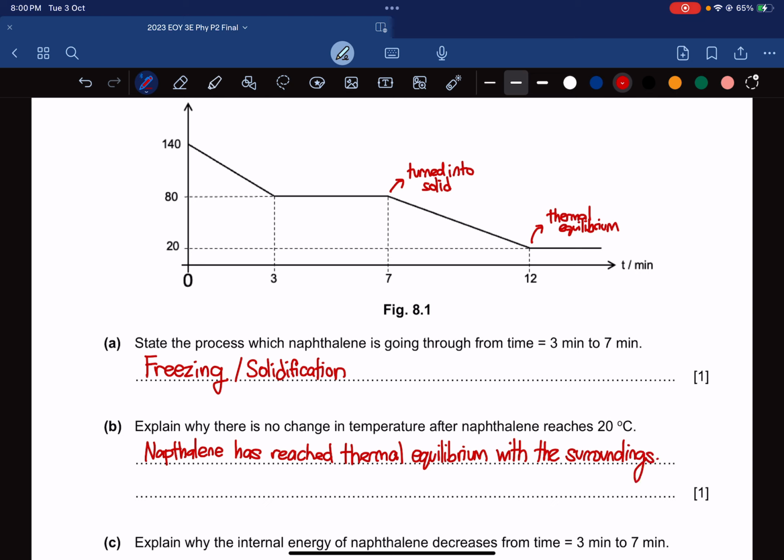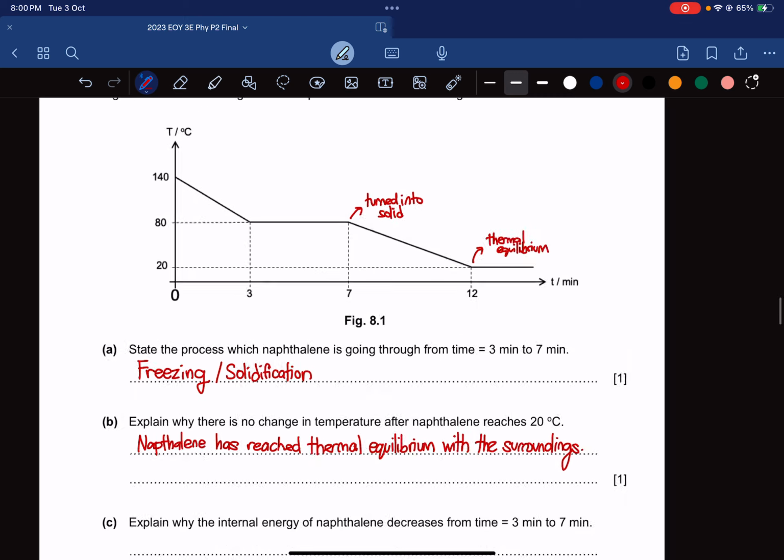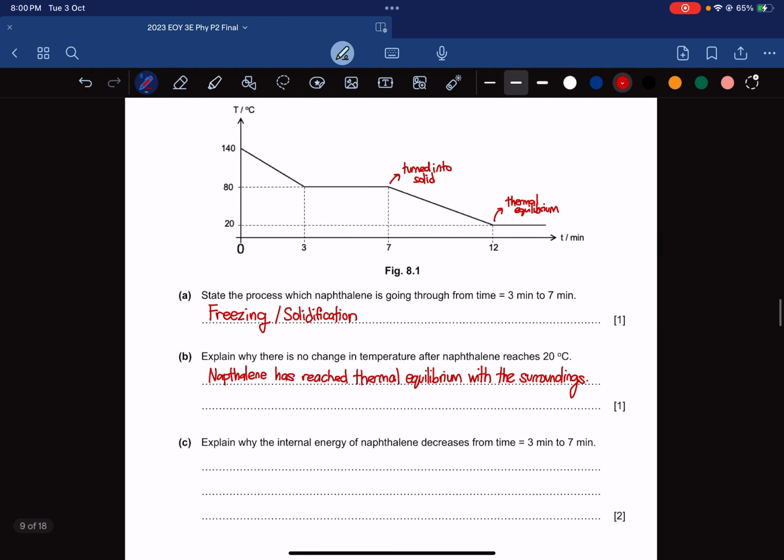Or you can also say that there is no transfer of energy between naphthalene and the surroundings. Okay, moving on to question 8, part C.